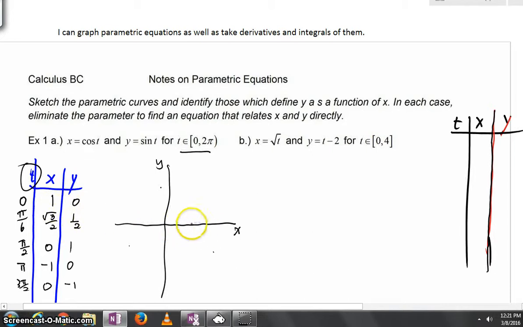So we can start off with 1 comma 0, maybe right over here. At pi over 6 would be root 3 over 2, so about 0.866, and then up to a half, maybe somewhere around here. But as we continue on, dealing with these quadrantal angles, plug in pi over 2, you'll have 0 comma 1, which would correspond to this ordered pair. Look at this ordered pair, negative 1, 0.